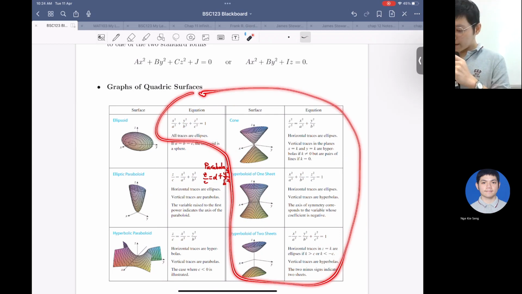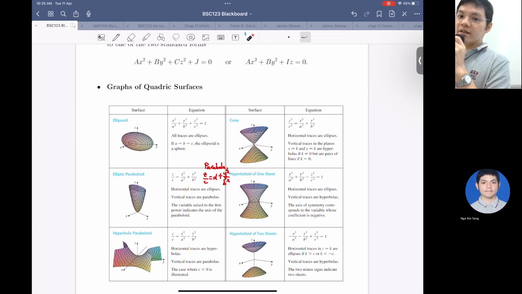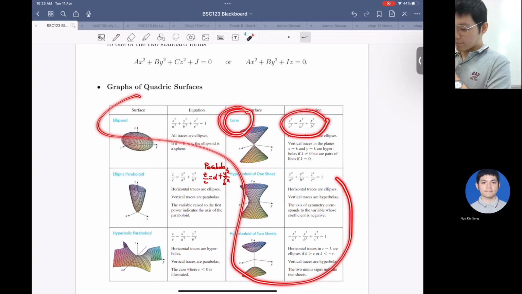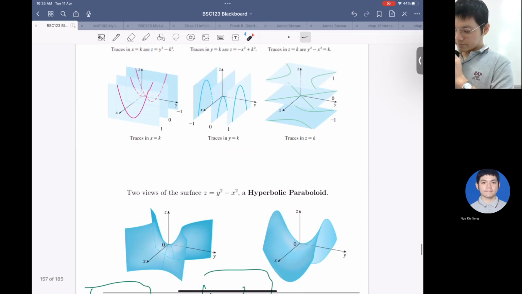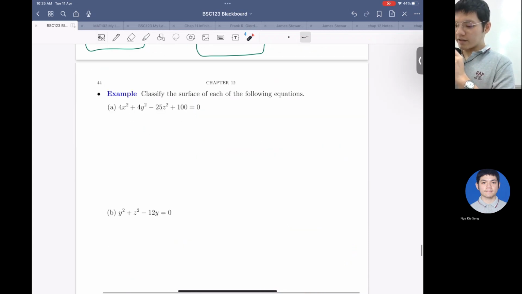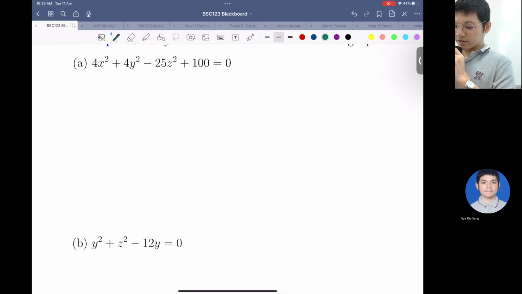Okay, but your constant is 100, right? So it's non-zero, because for the constant 0 it is different. But for these 3, the ellipsoid and hyperboloids, it is 1. So you need to make it 1 first. Okay, so let's make it 1. So how to make it 1? Just now we already have this strategy.